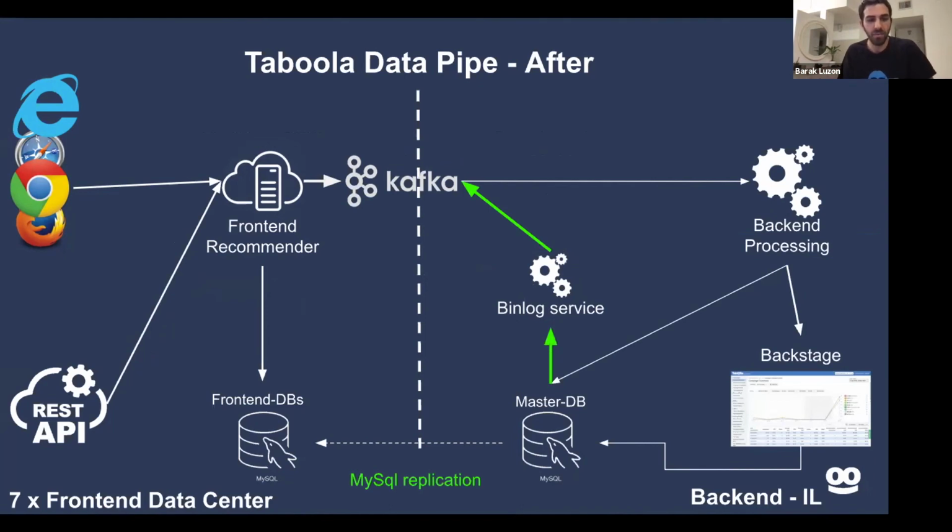And on a side note, I will say that we don't have one Kafka because these are different regions. In each region, we have its own cluster of Kafka, and we have a mirroring service that mirrors from the main Kafka that we have on the backend to the local Kafkas in each front-end data center.